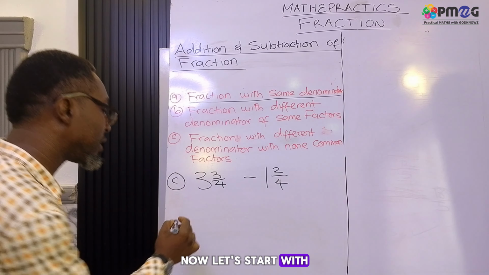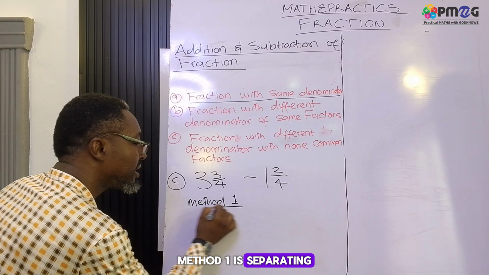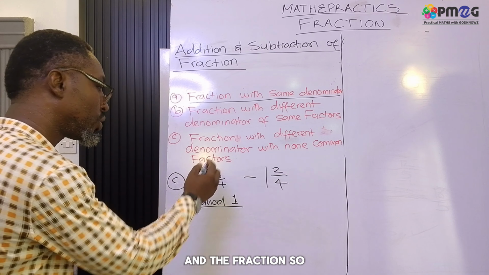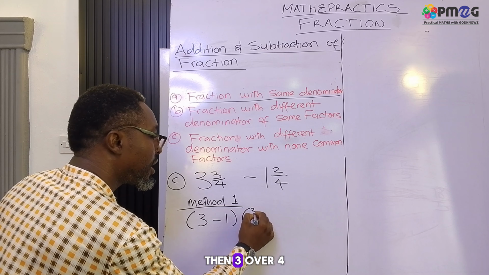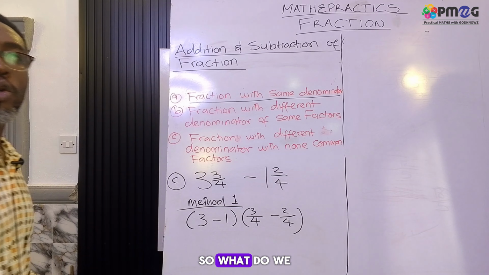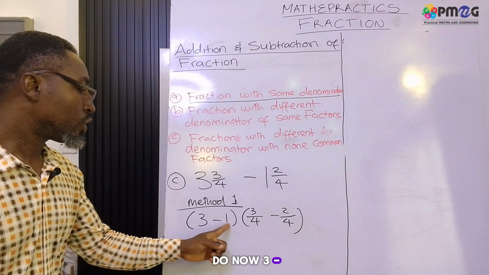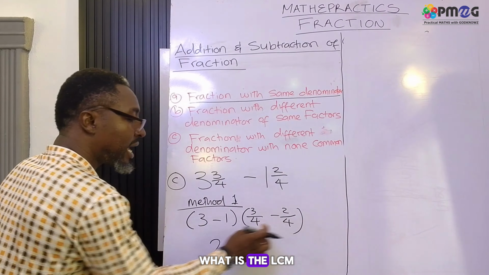Now, let's start with method 1. Method 1 is separating the whole numbers and the fractions. So this will give us 3 minus 1 separately, then 3 over 4 minus 2 over 4 separately. 3 minus 1 gives us 2. Then here, what is the LCM?